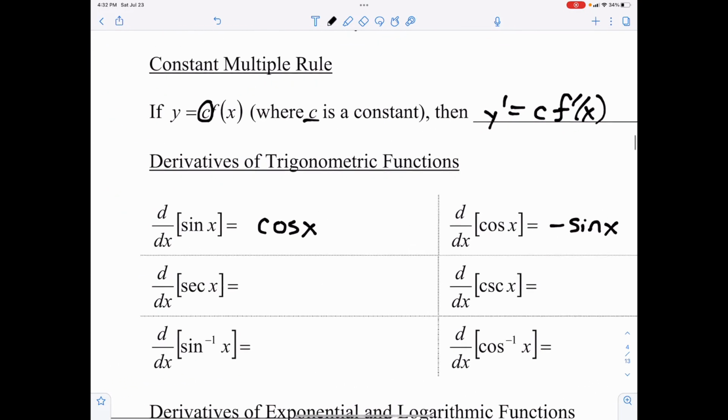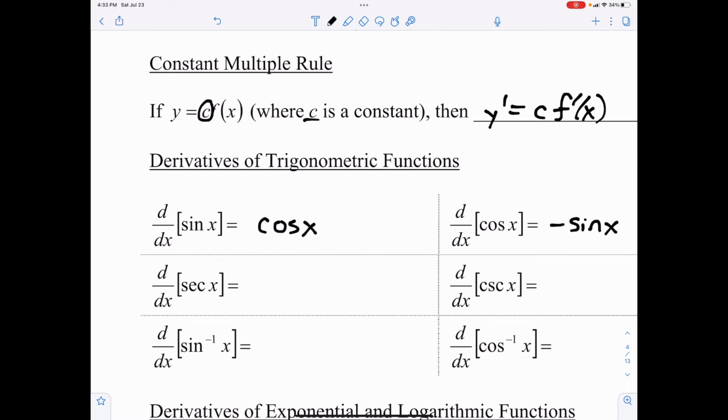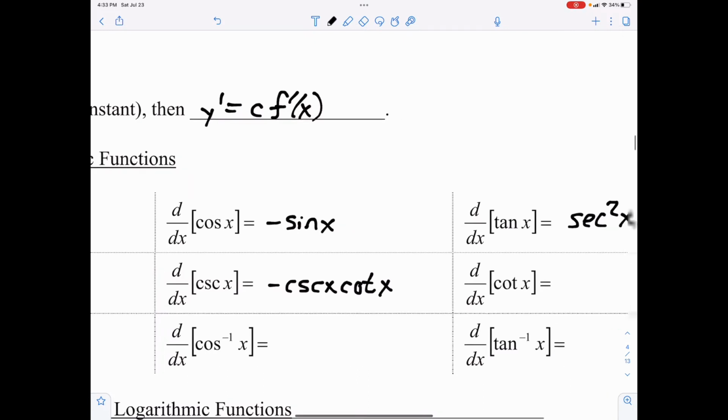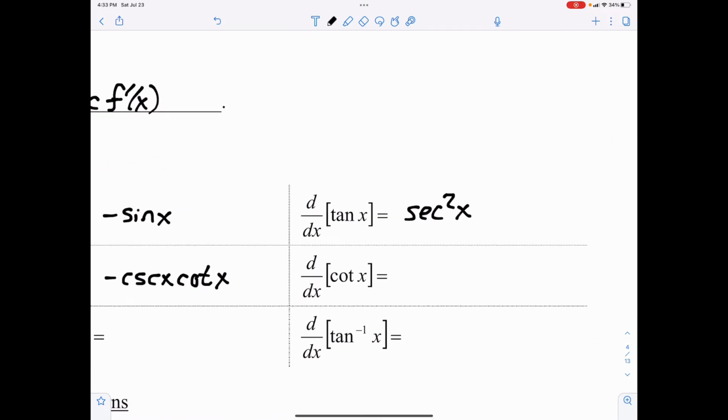Some of the more exotic ones that may or may not show up: the derivative of secant x would be secant x times tangent x. The derivative of cosecant x would be negative cosecant x times cotangent x. And the derivative of cotangent x would be negative cosecant squared x.